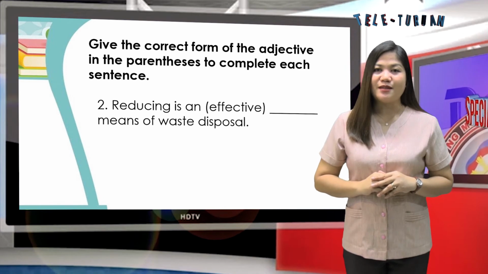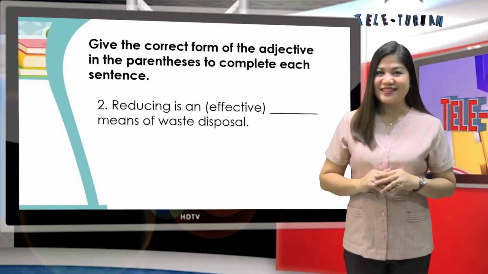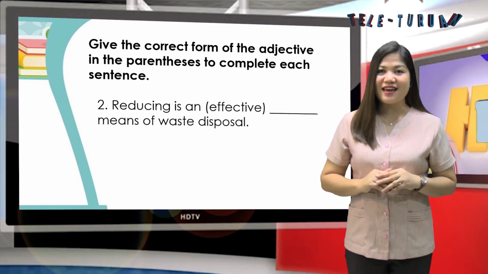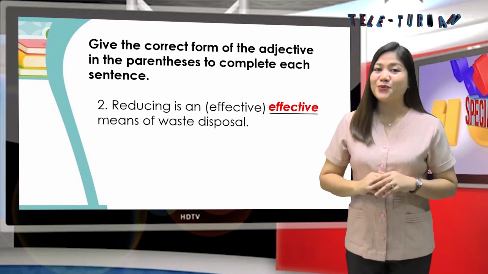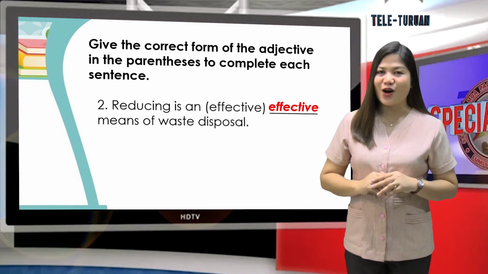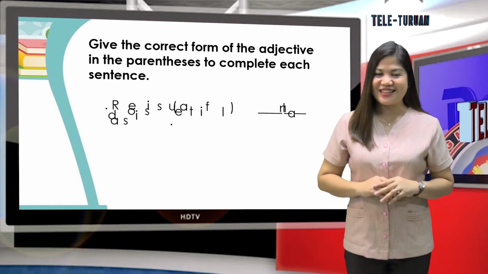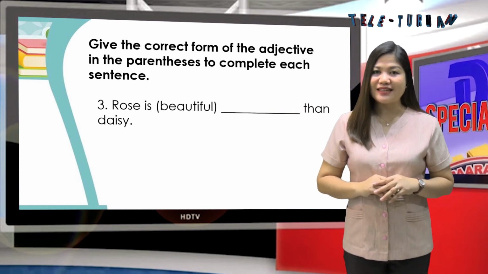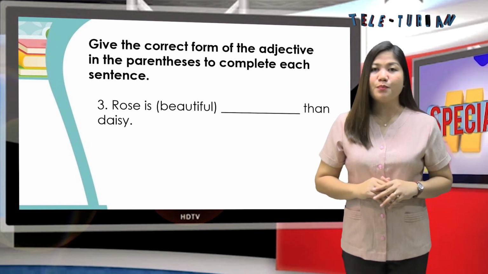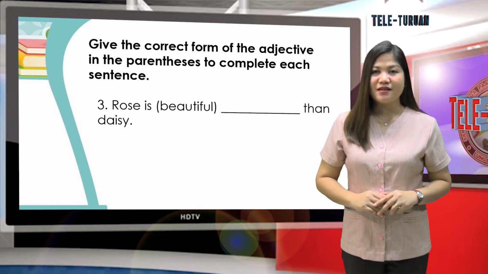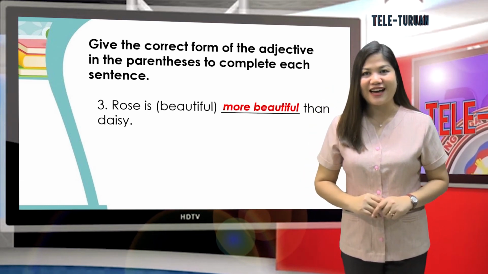Reducing is a blank means of waste disposal. The adjective is effective. You got it right. Reducing is an effective means of waste disposal. Number 3. Rose is blank than Daisy. The adjective is beautiful. Very good. Rose is more beautiful than Daisy.